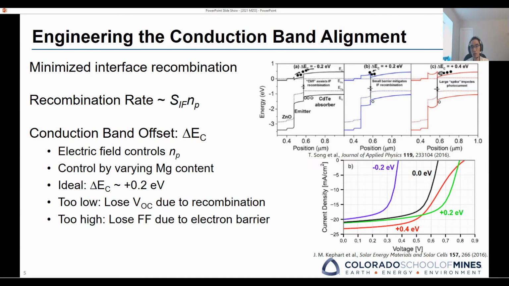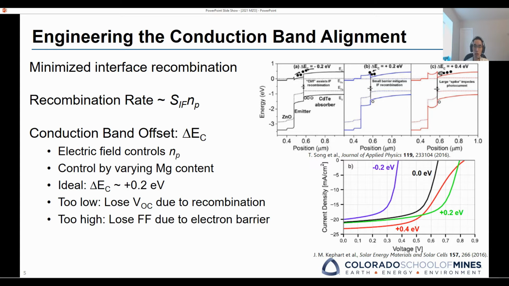Emitter-absorber interface is important for the device to perform better. The emitter aims to reduce the interface recombination, which is a product of interface recombination velocity and the hole concentration.